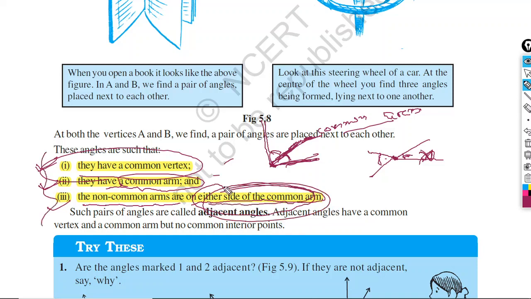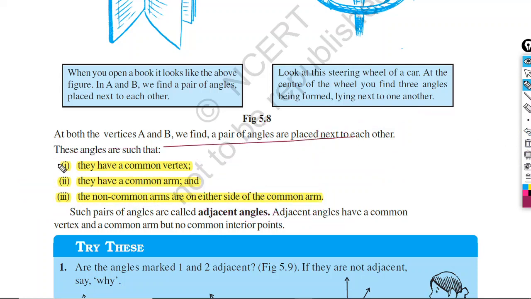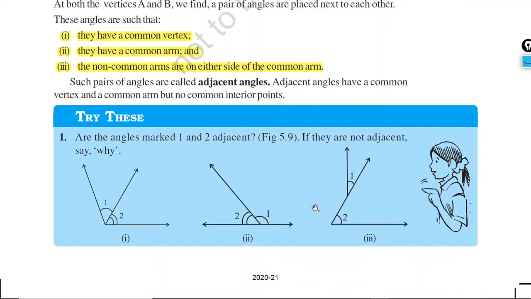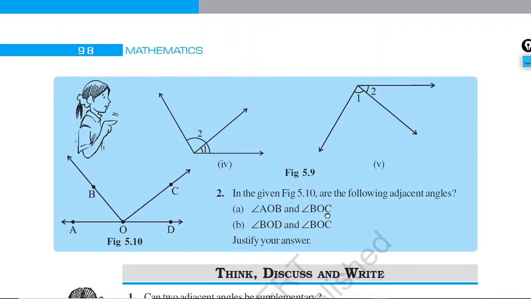Please remember this, or you can write this in your copy. Now, please memorize the conditions again. They should have a common vertex. They should have a common arm, and the non-common arms should be on either side of the common arm. Again, there is a try this regarding adjacent angle. Please try it.